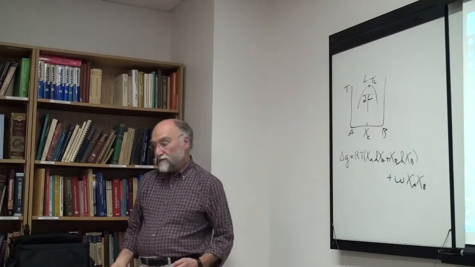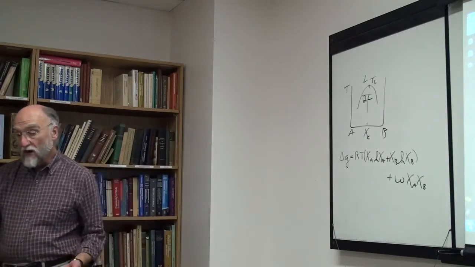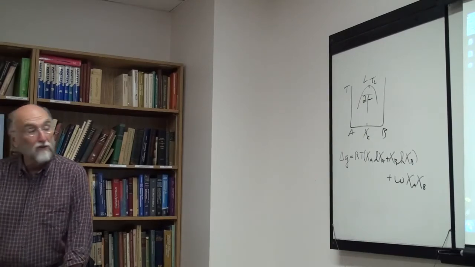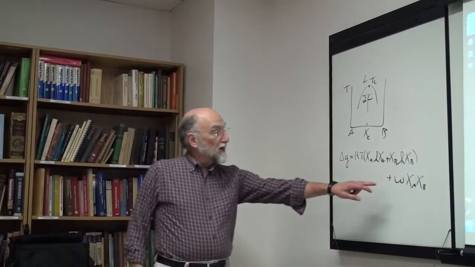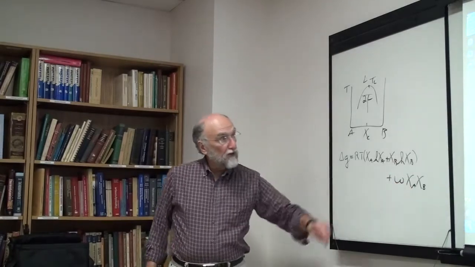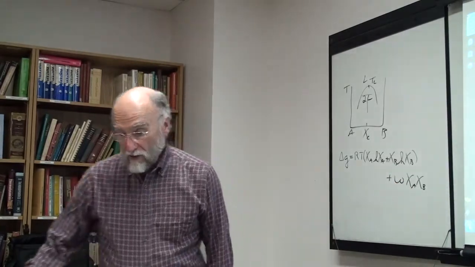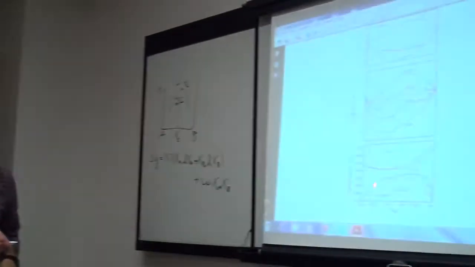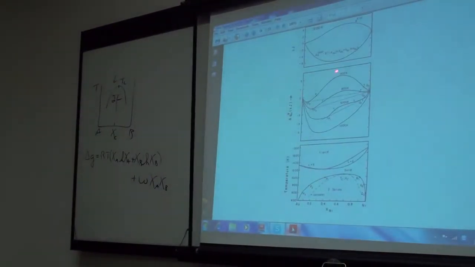So omega is a constant independent of temperature and composition. That would be a strictly regular solution. Now if omega is positive, you have a positive excess term. And so you will get, as we said, like on this figure 18, a miscibility gap, and your Gibbs energy curves look like this.